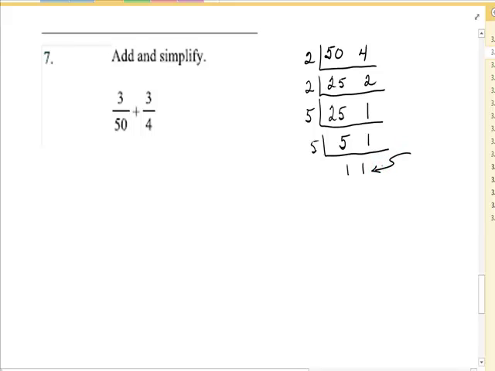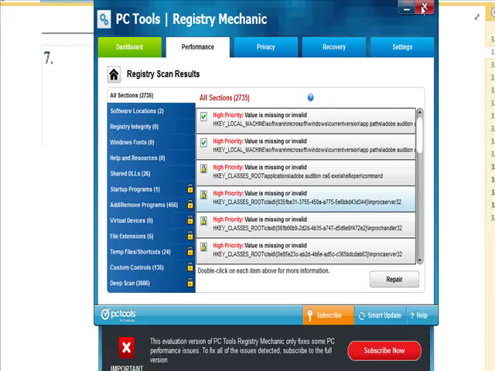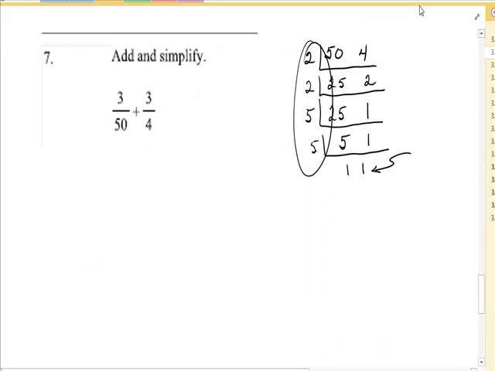We're done. And my least common denominator, my least common multiple, is 2 times 2 times 5 times 5. 2 times 2 is 4. Times 5 is 20. 20 times 5 is 100. My common denominator is 100.